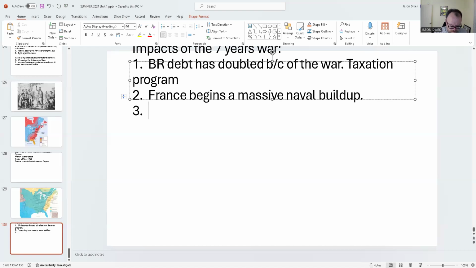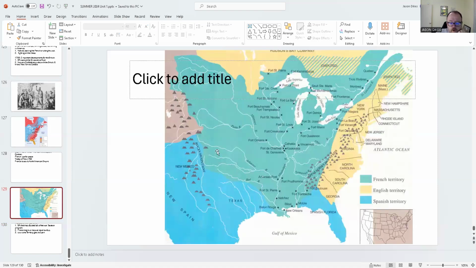Third, Louisiana Territory goes to Spain. Even though France had won, even though Britain had won all of this, they gave about half of it to the Spanish for some territorial concessions in Europe that we don't need to worry about.